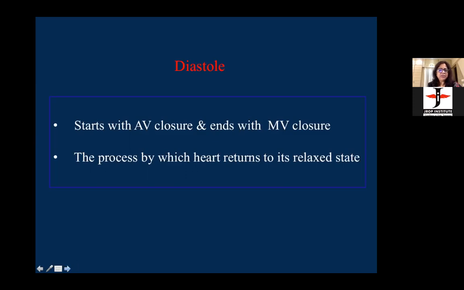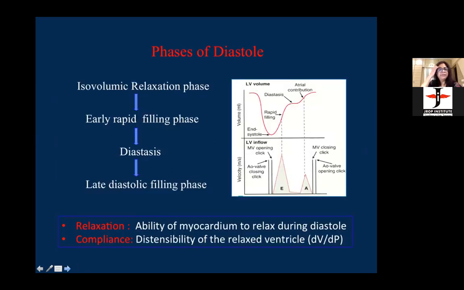Now let us see what the phases of diastole are. Diastole always starts with the isovolumic relaxation phase. As soon as the aortic valve closes, this isovolumic relaxation phase starts.